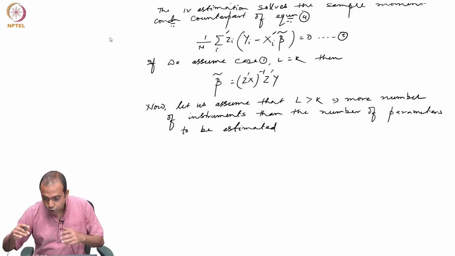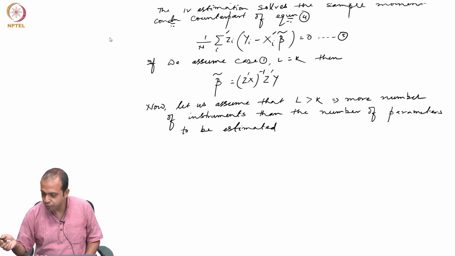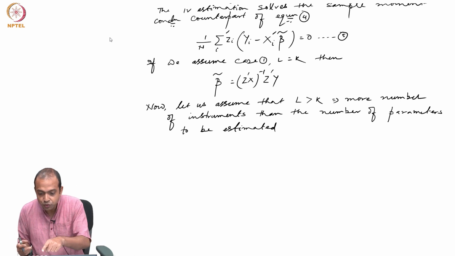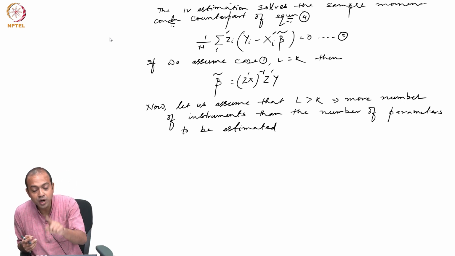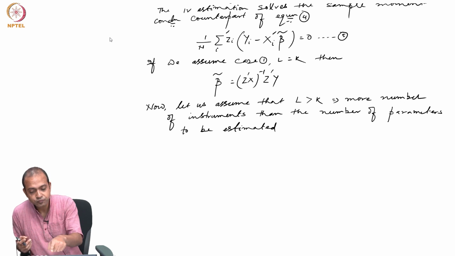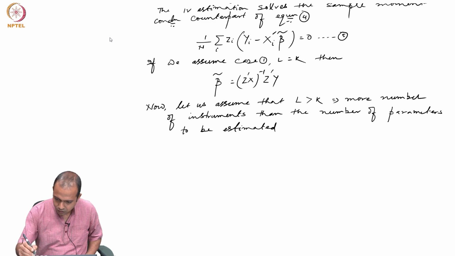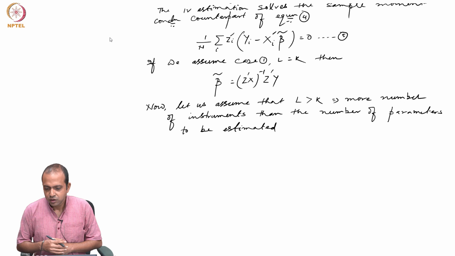That means more equations, and each instrument will give rise to one sample moment condition like this: 1 by n sum of Z prime multiplied by yi minus xi beta tilde.